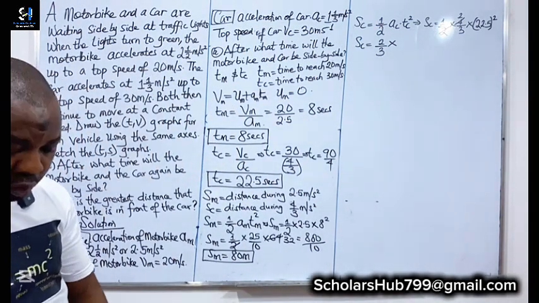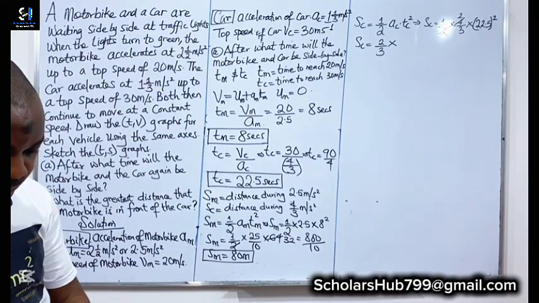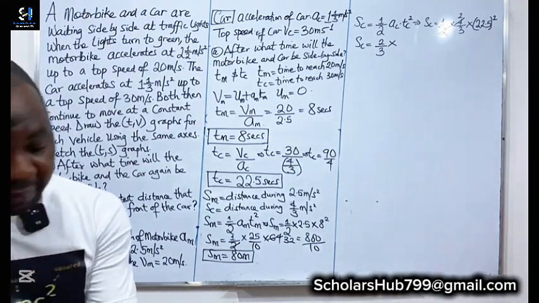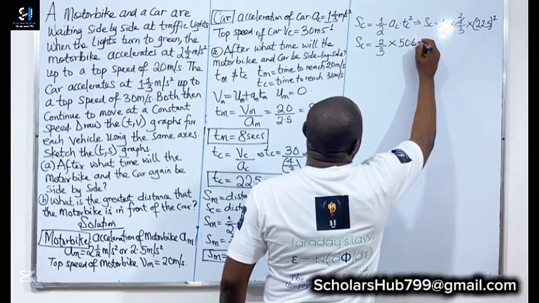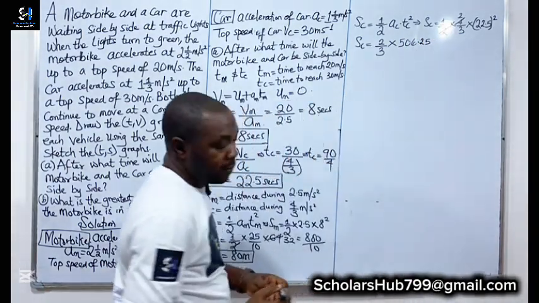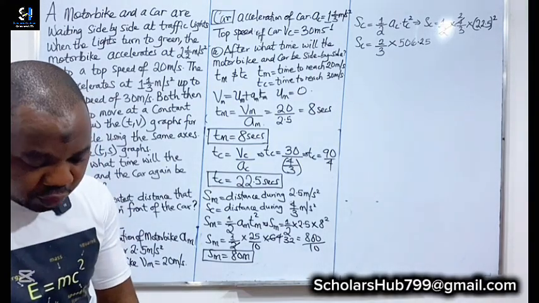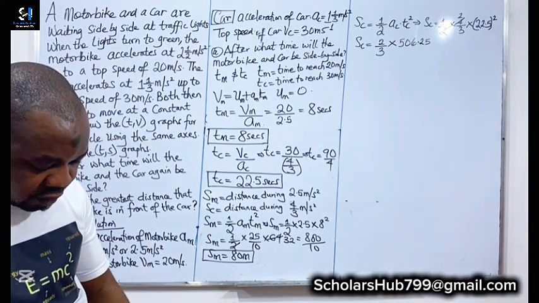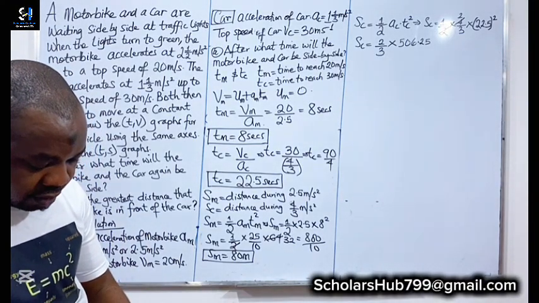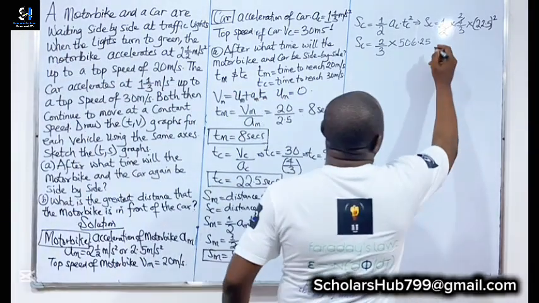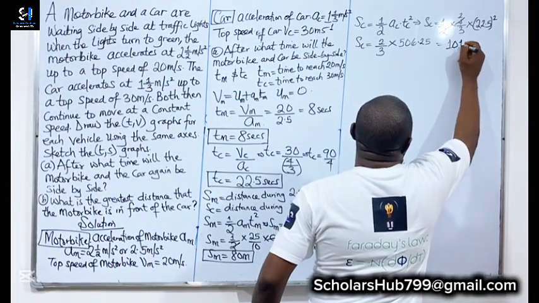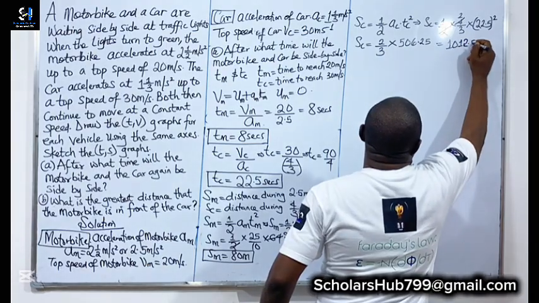So the distance traveled during this acceleration will be 2/3 multiplied by, now I can use the calculator, 22.5 raised to the power of 2. That will be 506.25. 506.25 multiplied by 2 will be 1012.5.